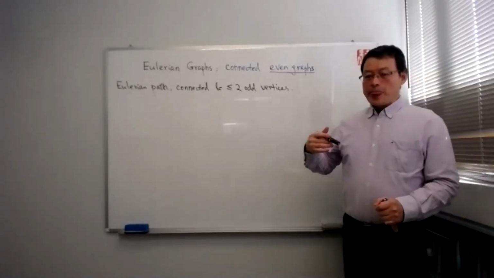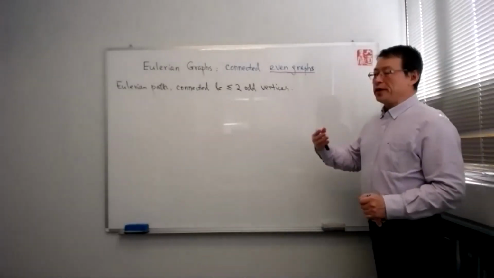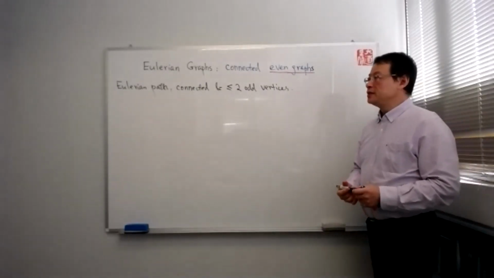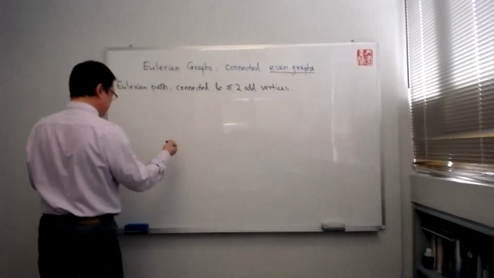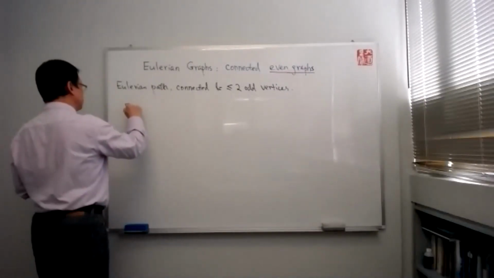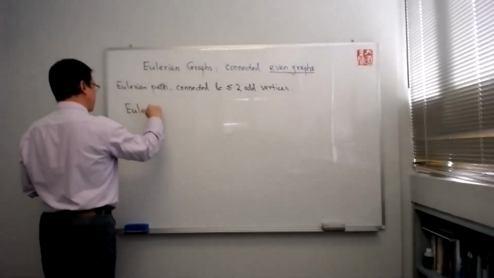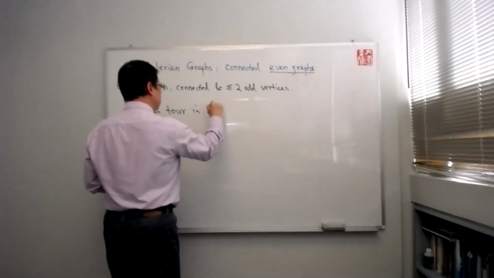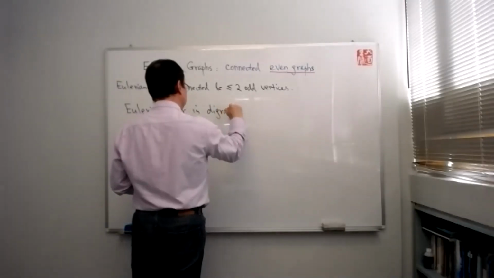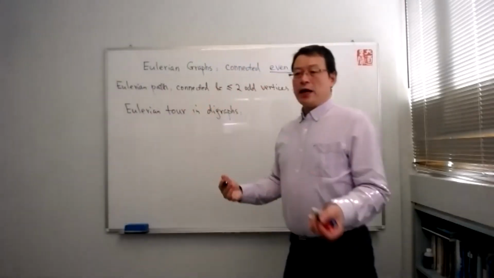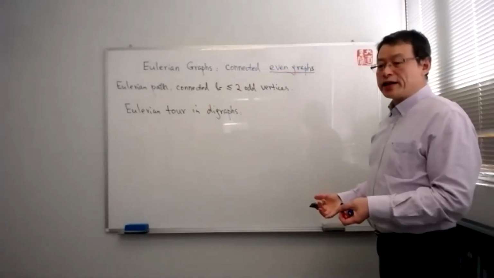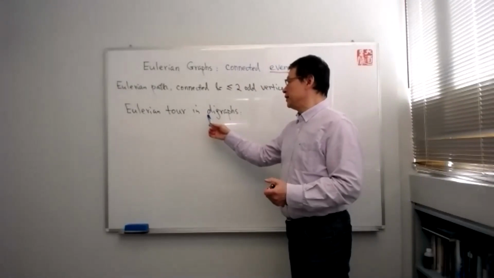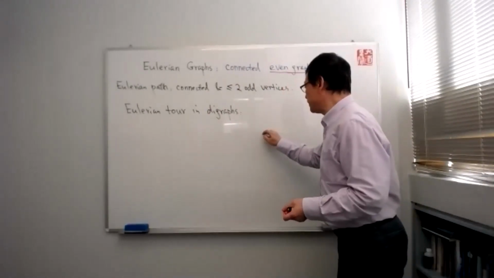Now, there is also a connection between Eulerian paths or Eulerian cycles in digraphs. For a digraph, our graph has directions, the edges have directions. In this case, what will be a characterization for an Eulerian tour in a digraph?